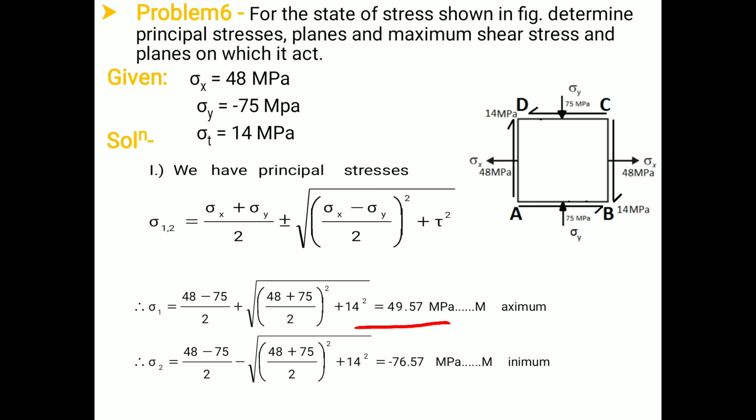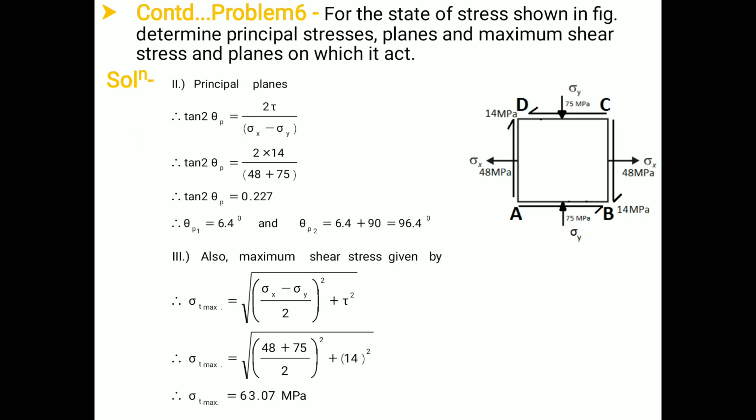Now once you know the values of sigma x and sigma y, we are going to find out the principal plane. The principal plane can be given by tan of 2 theta p which is equal to 2 tau upon (sigma x minus sigma y). Therefore, on putting the values of tau, sigma x and sigma y, we have tan of 2 theta p equal to 0.227.